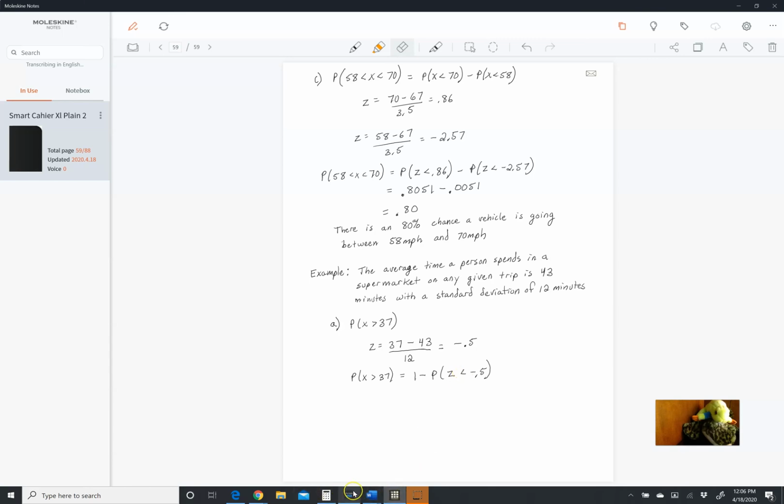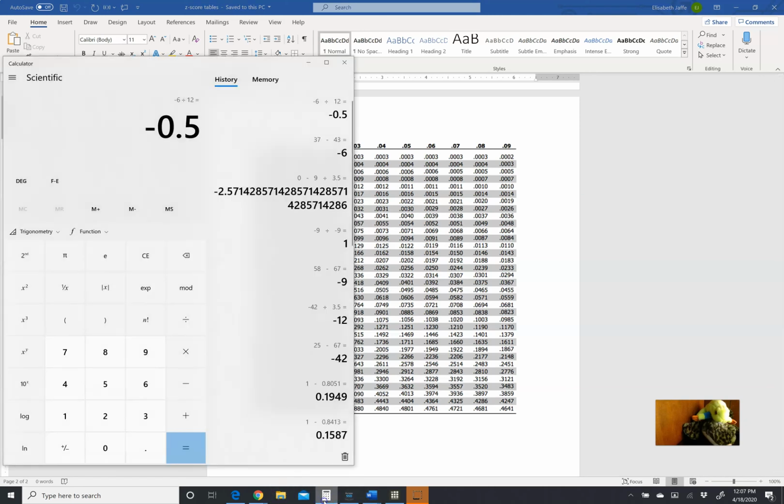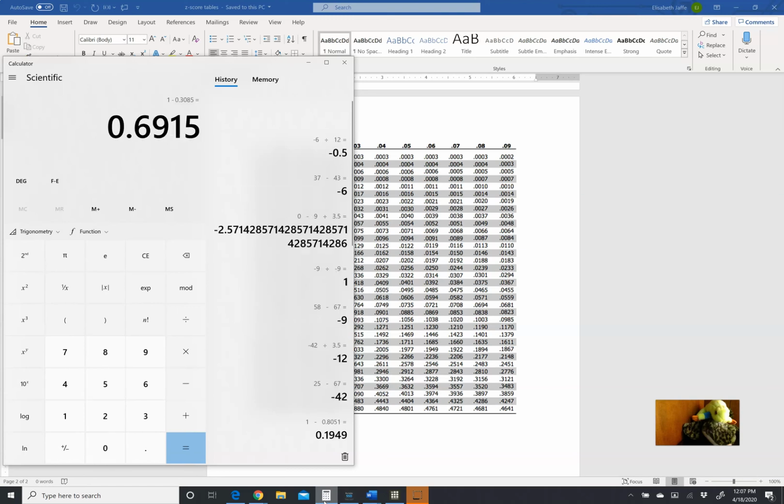So if we go to our z-score chart, and we go to negative 0.5, it's negative 0.50, so it's 0.3085. And if we go to our calculator and we subtract that, we get 0.6915.